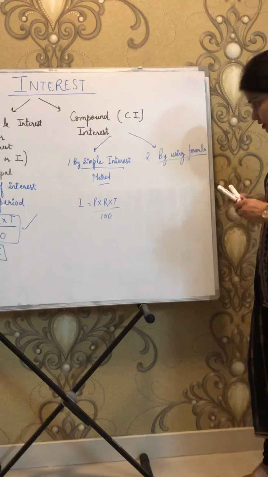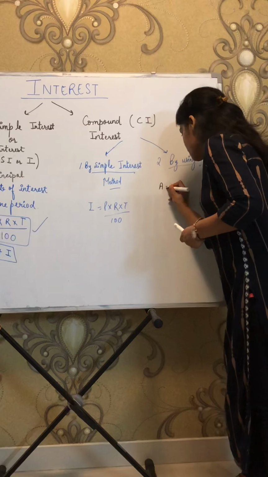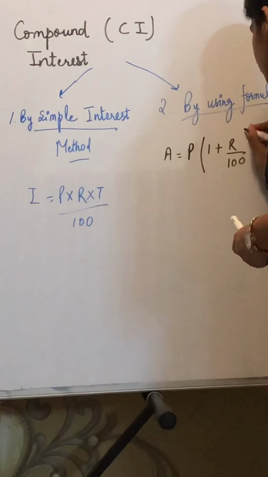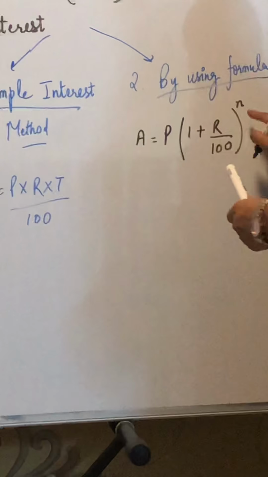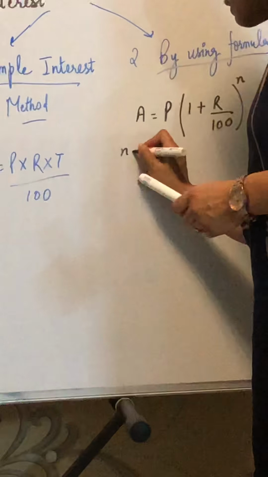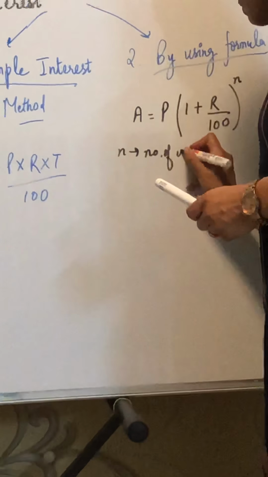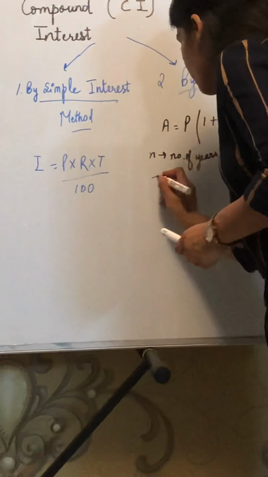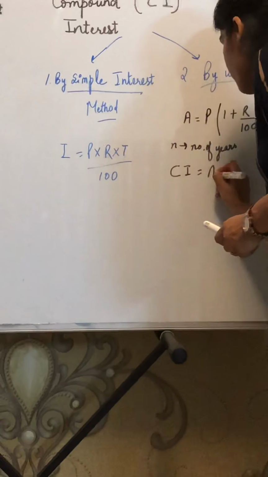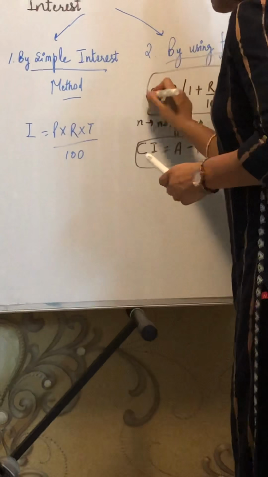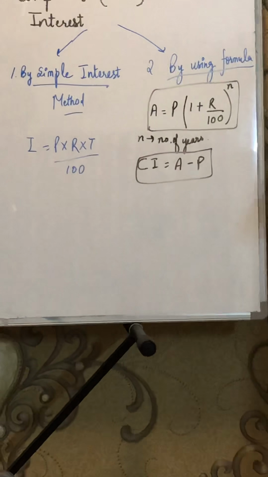And the formula is: A equals P into (1 plus R by 100) raised to N. N is just the number of years. Here P is principal, R is rate of interest, and N is number of years. And this is the formula for amount. And for compound interest, what we do? Amount minus principal. So from the direct formula also we can find out the compound interest.